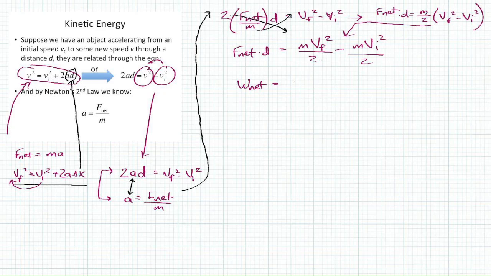So it's really 1/2 mv final squared minus 1/2 mv initial squared.